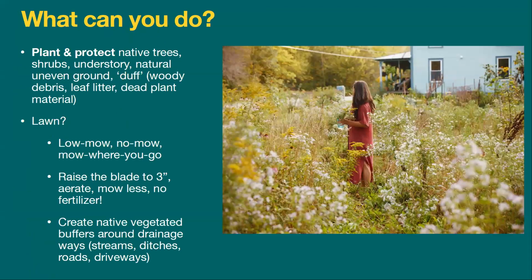So some of the best things you can do are just the most basic and sometimes most effective green infrastructure: the trees and the naturalized vegetation in our landscape. So planting and protecting native trees, shrubs, understory, the natural and uneven ground, leaving the duff, so the woody debris, the leaf litter, the dead plant material.